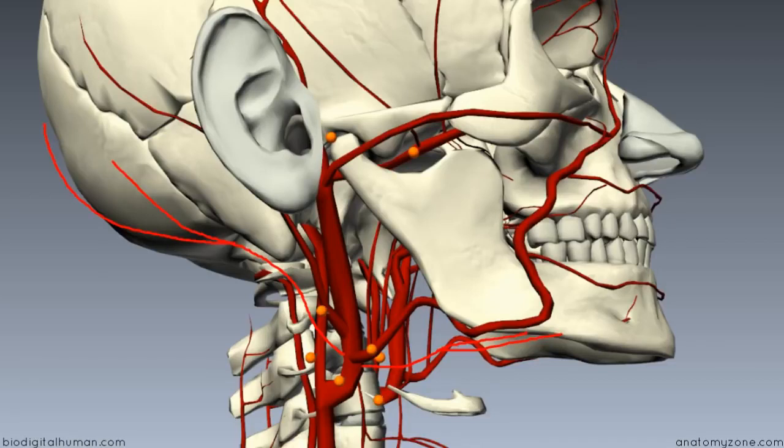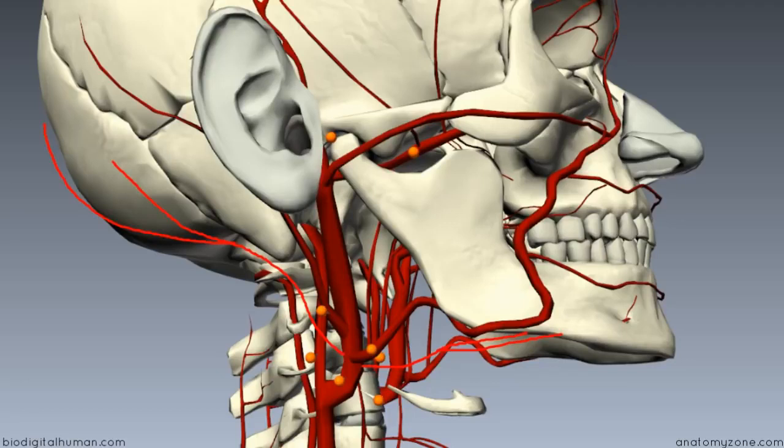We've looked at 6 branches so far, and the way to remember whether they come off anteriorly or posteriorly is quite simple. The way I do it is just thinking of the structures: think of the names and think of whether the structures that their names relate to are anterior or posterior.